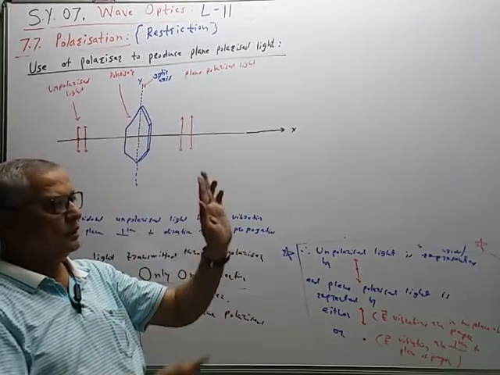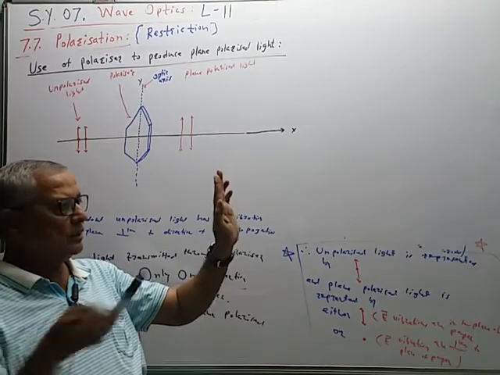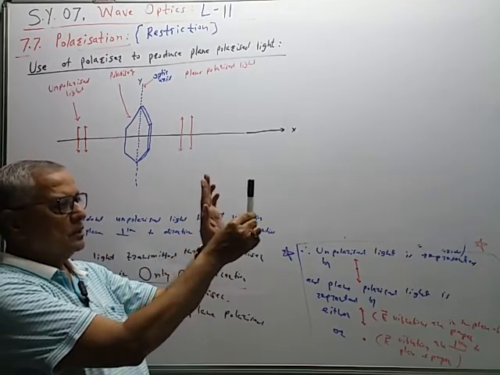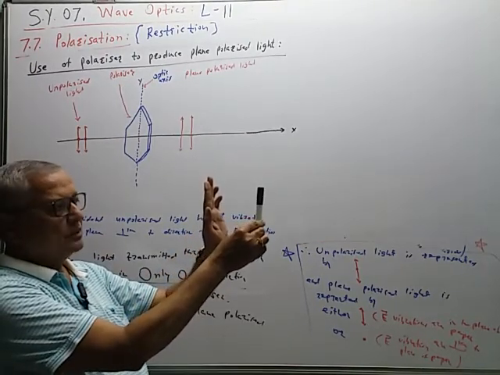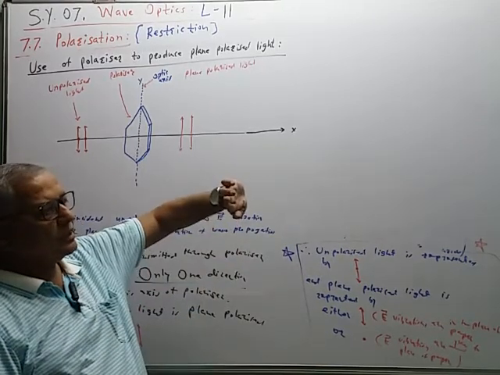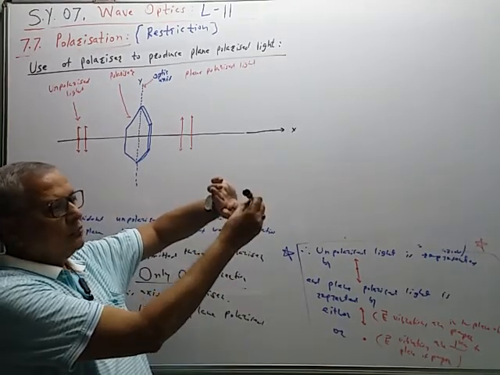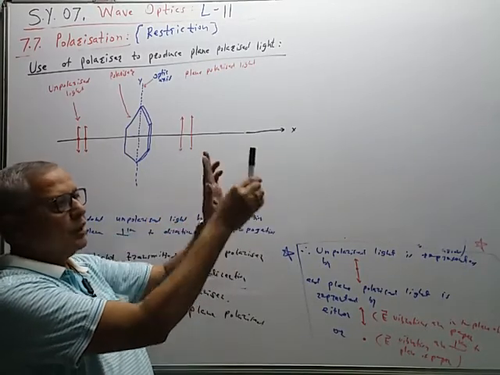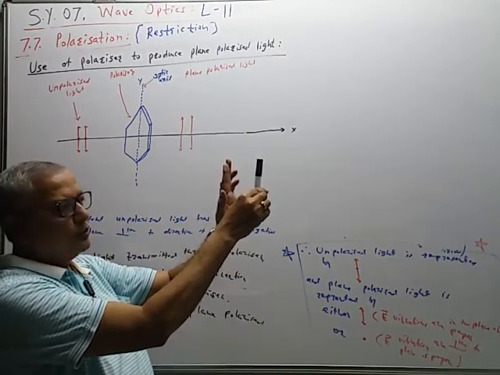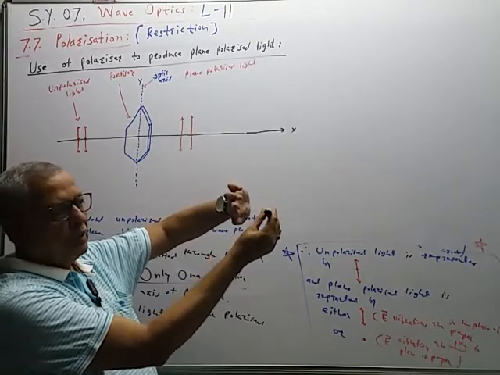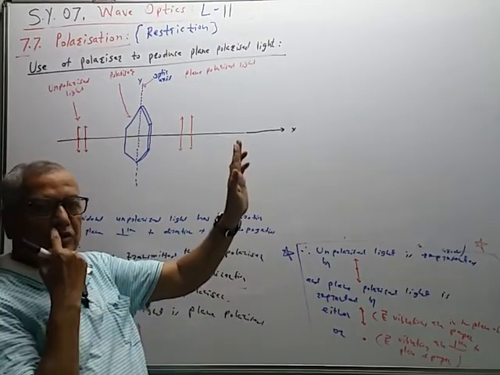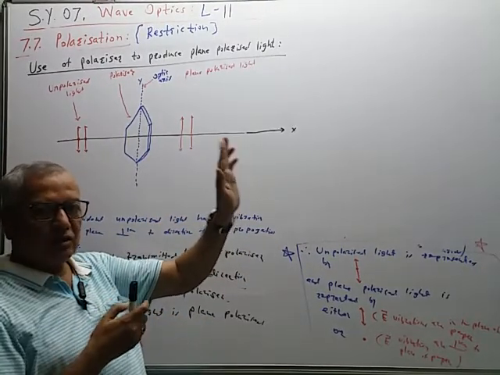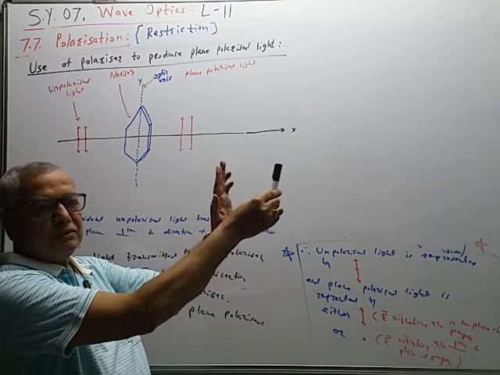This is the optic axis. So if the axis is vertical along the y-axis, then the plane polarized light has E vibration like this. Now if the axis is turned through 90 degrees, again we get plane polarized light, but the vibrations are like this and they are shown by a dot. So either it is shown by a double-headed arrow, or it is shown by a dot. If the optic axis is along the y direction, then the electric field vibrations are like this.